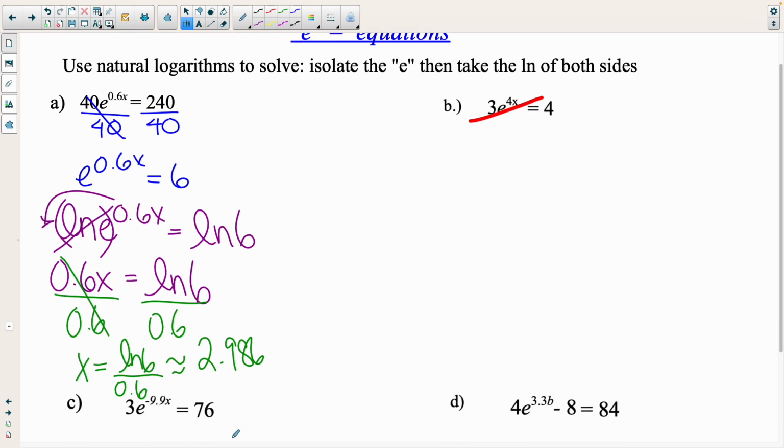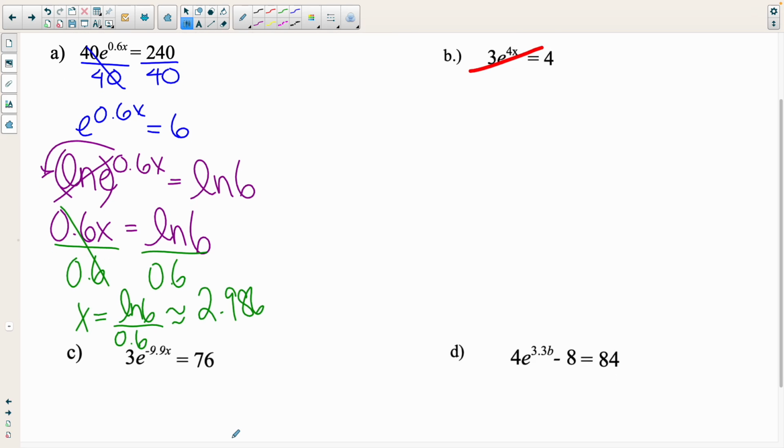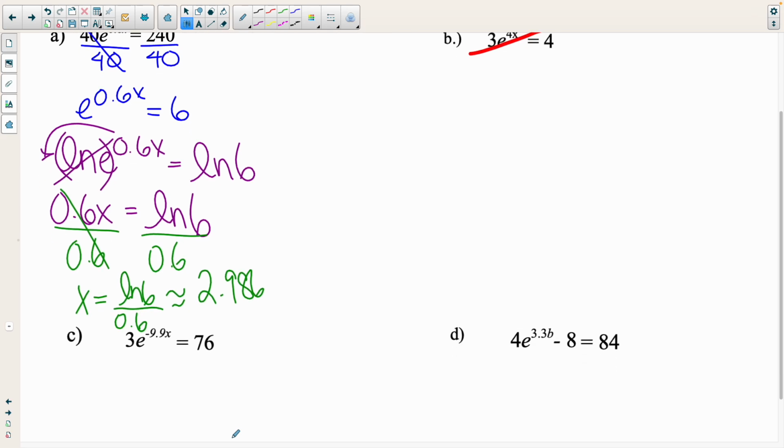So let's do this next one together because it brings up an important point. You've noticed that I've been having one of the answers exact, again, because that's the non-calculator answer. So what that means is, we don't want to be approximating anything until the very last step of rounding, because then we've changed the exact answer into something else.